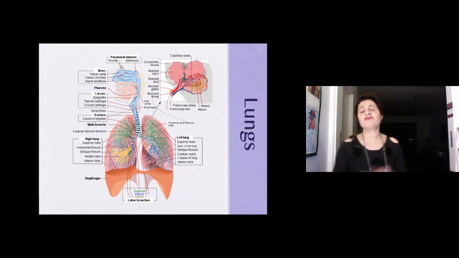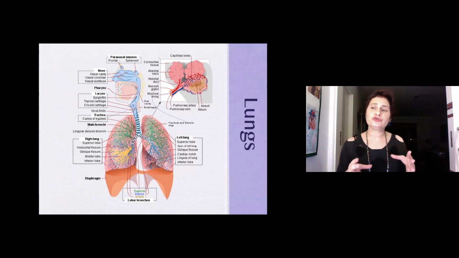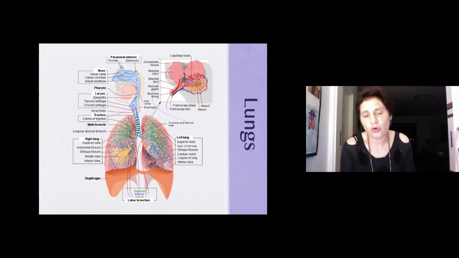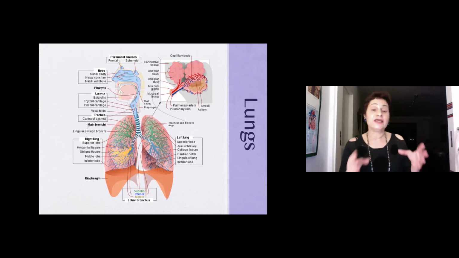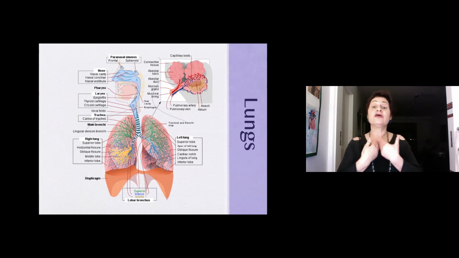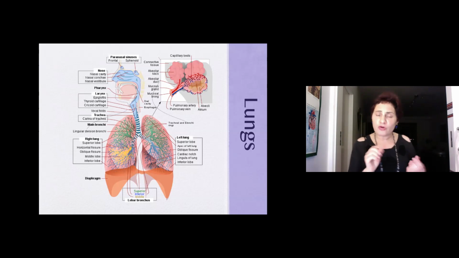Now, of course, bronchial tubes. This is just for you to keep an image of what your lungs could look like. Of course, it's a drawing, so it's not exactly what it is, but it can give you an idea that through the trachea, we have the division of the 2 bronchial tubes that subdivide into very, very many little bronchioles.